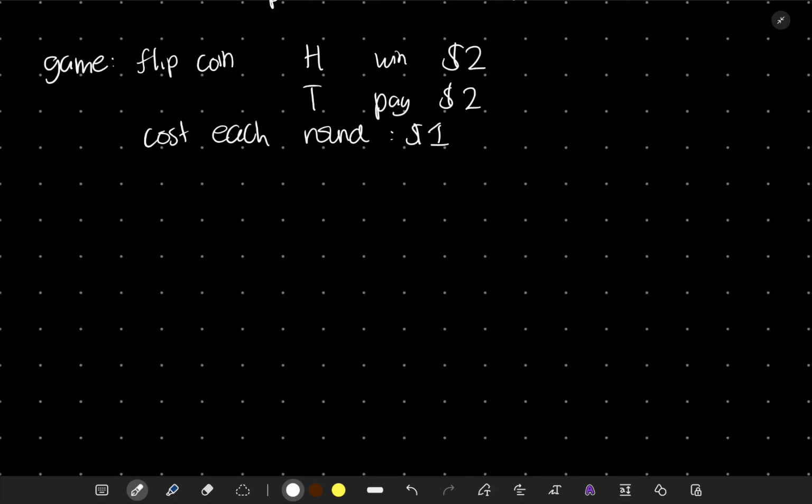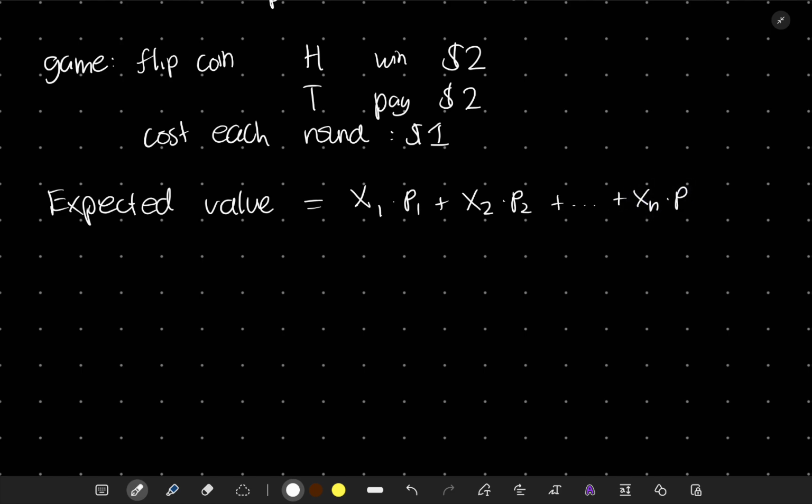The way that we can find expected value is through this equation. Expected value is equal to x1 times p1, plus x2 times p2, plus all the way to xn times p of n.